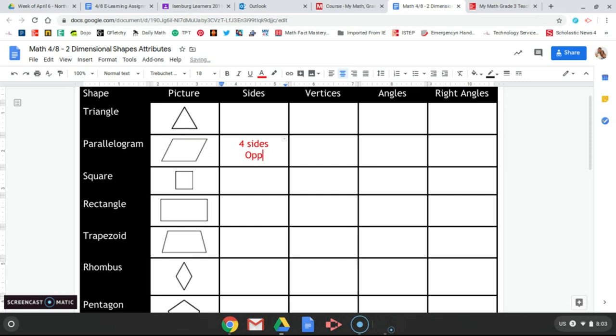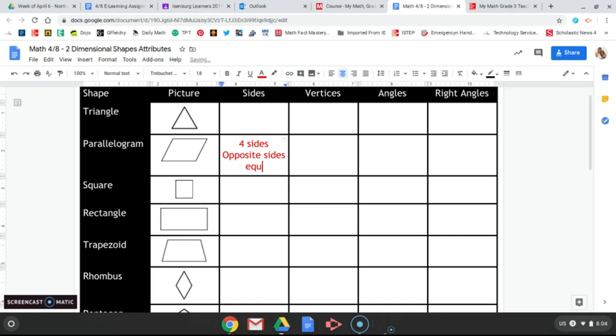So opposite sides are equal, because the top and bottom are opposite of each other, and those are equal. The right and left are opposite of each other, and they are equal as well. So in order for a shape to be a parallelogram, it has to have 4 sides, and they have to have opposite sides that are equal in length. Maybe I should put length here. Okay, opposite sides equal length.